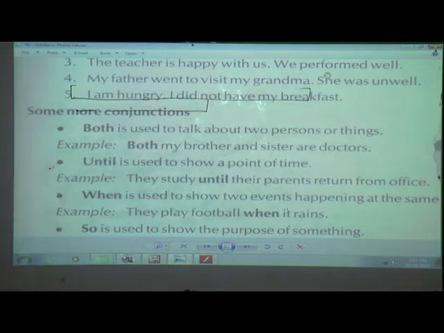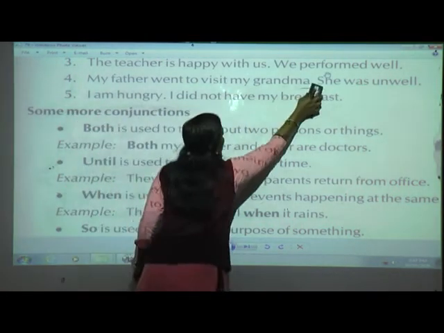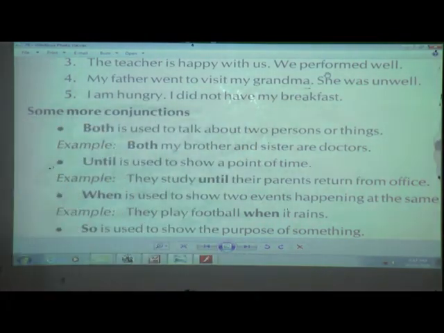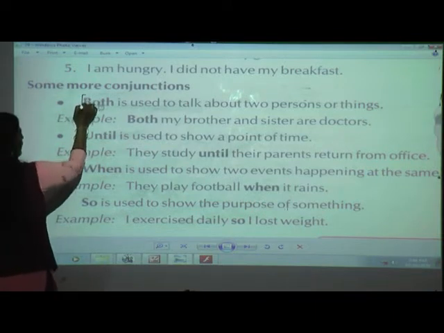See, that is easy, so I am going fast. Some more conjunctions we can see. What are they? Both, until, when, so, and still we can see in the next page also, that is if and either. Okay, both. Now here, for each conjunction, what you have to do? You have to just underline it.